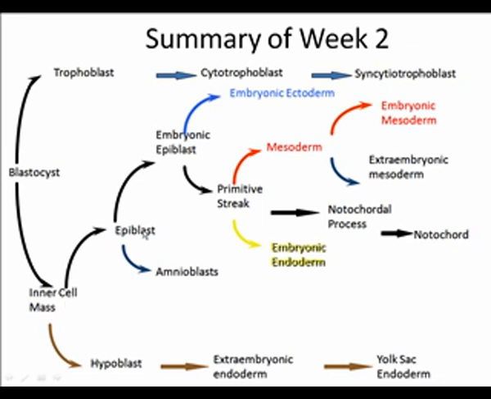The epiblast then gave rise to amnioblasts that line the amniotic cavity, as well as the embryonic epiblast, which formed through the primitive streak both the embryonic endoderm and embryonic mesoderm. And then finally, that embryonic epiblast became the embryonic ectoderm. So we will now talk about the embryonic mesoderm, embryonic ectoderm, and embryonic endoderm.